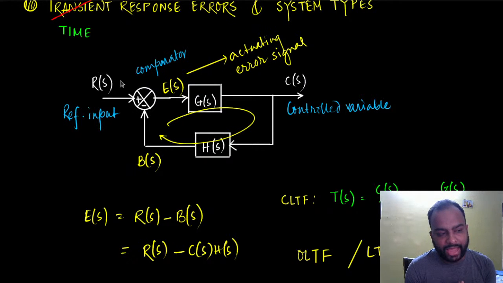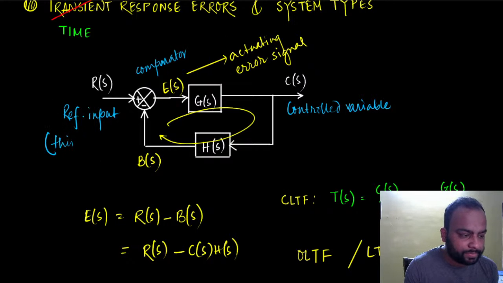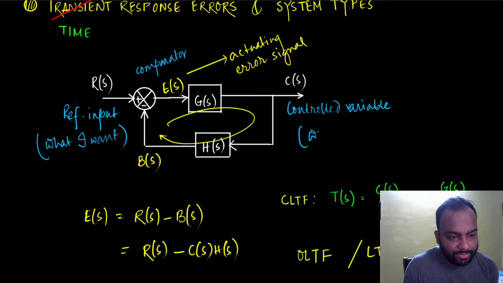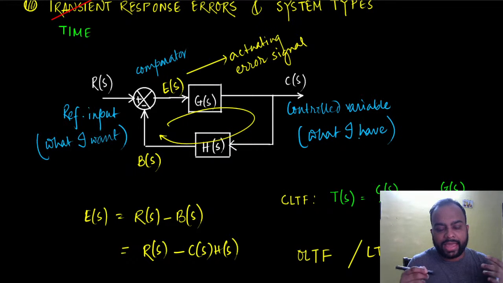After a certain amount of time has elapsed, I would want my control variable to match the reference input. This is what I want, and this is what I have. Eventually, after enough time has elapsed, I would want what I have to be equal to what I want.